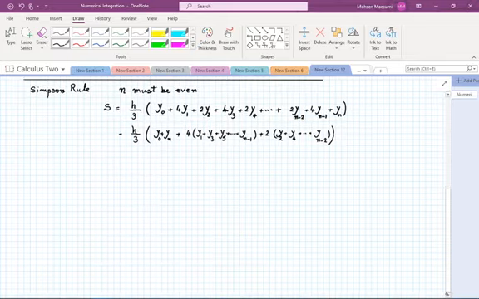Suppose I have a function f of x, maybe 1 over the cube root of x plus 1.